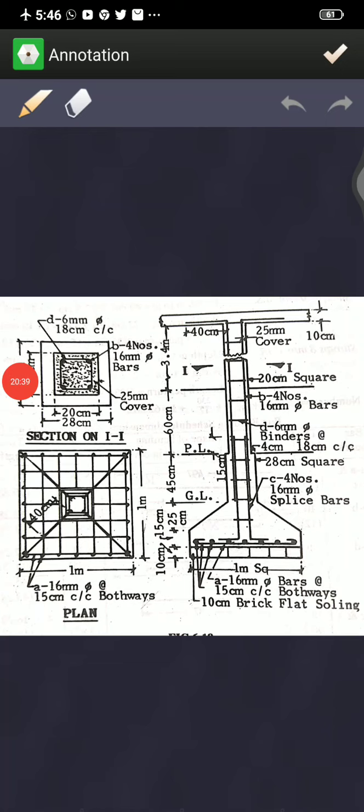You start the stirrups from here, then above this you take 24 plus 45 plus 60 plus 3.4. If you add this, you get the total height, which you divide by the spacing. The formula is very simple: total height divided by spacing plus 1 gives the total number of stirrups.